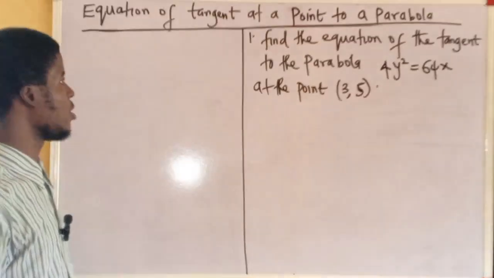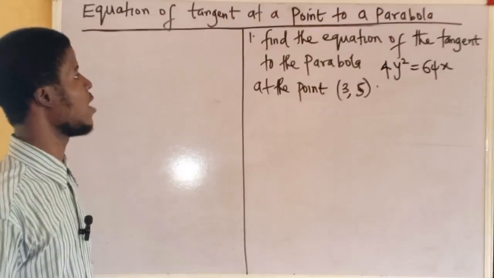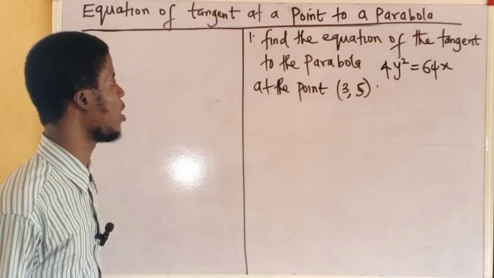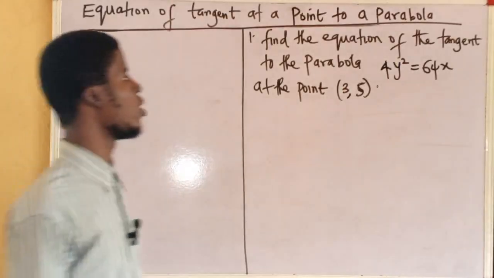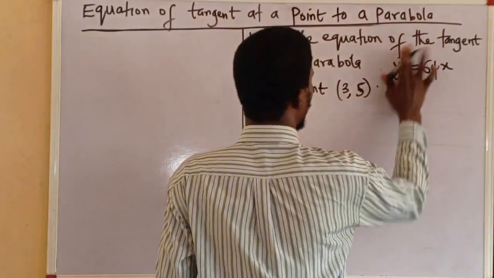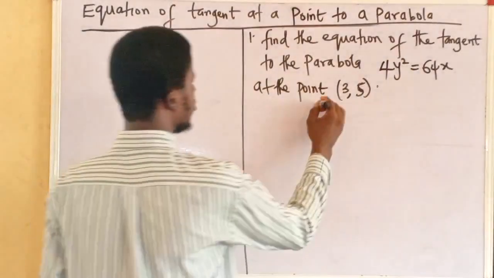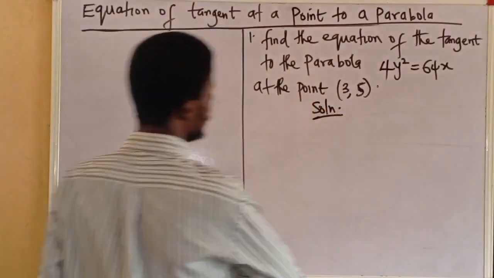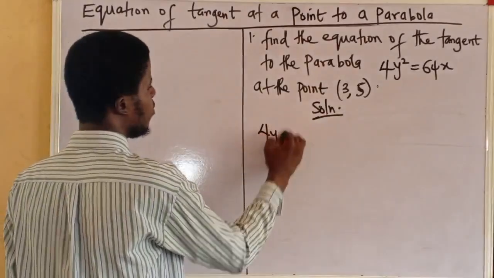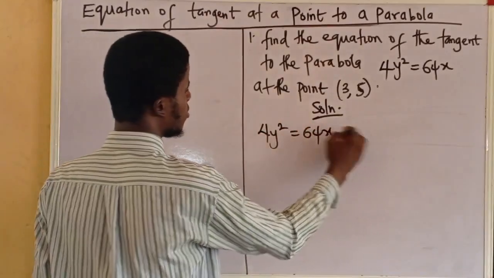The first question says, find the equation of the tangent to the parabola 4y squared equals 64x at the point (3, 5). Solution. The parabola has the equation 4y squared equals 64x.